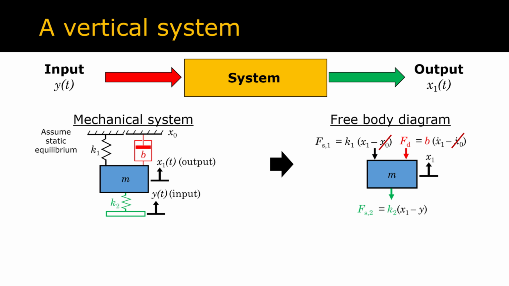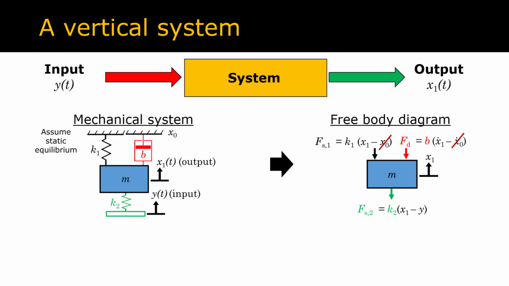The free body diagram shows that the positive direction is up, and the restoring forces of the springs and the damper are acting in the opposite direction. The restoring forces of the springs are given by the spring constant times x near minus x far, and the constitutive equation of the damper is given by the viscous friction coefficient times x dot sub 1 minus x dot sub 0.